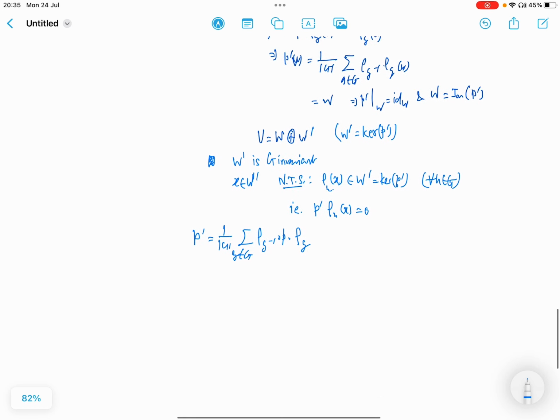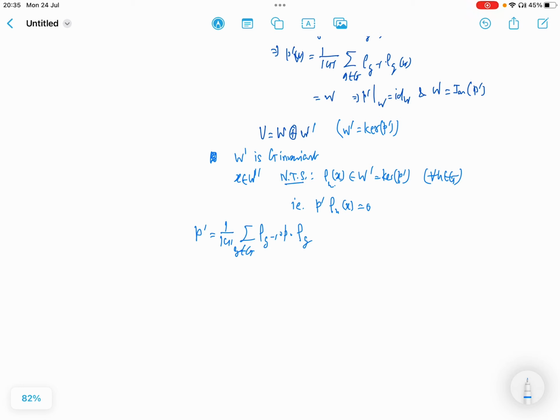Okay. So now let's see. You take this P prime rho H inverse. What will this be? You can take the rho H inverse inside and multiply rho G inverse. You will get rho GH whole inverse. Fine.